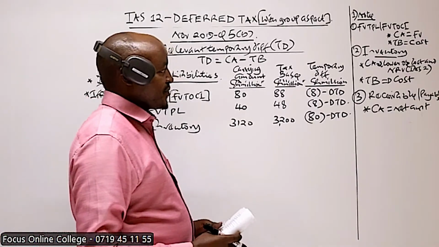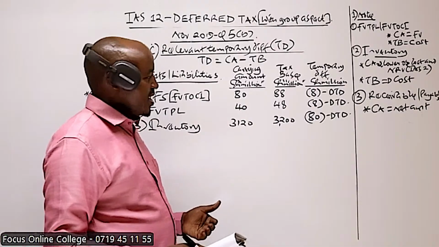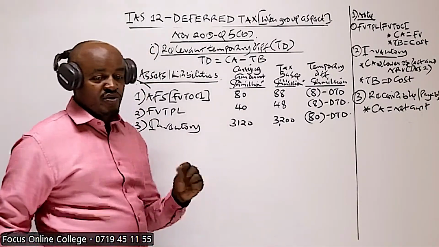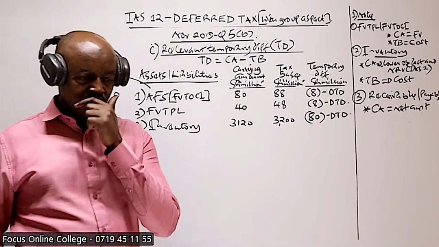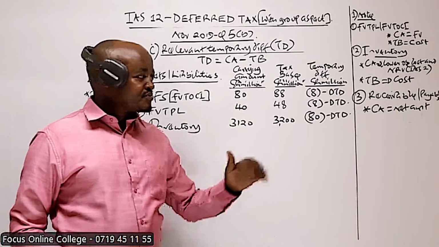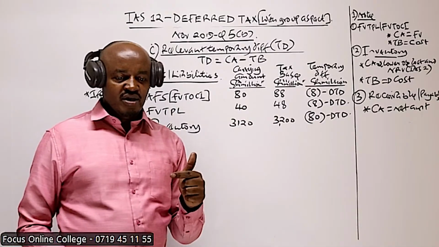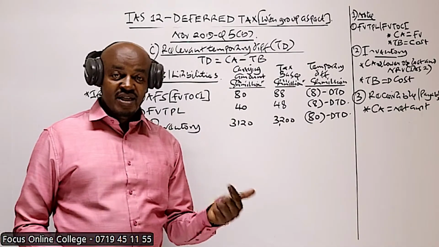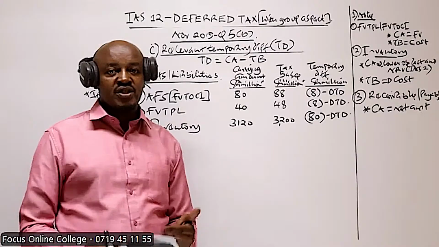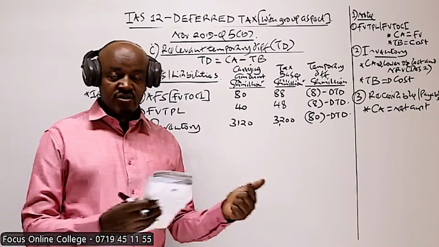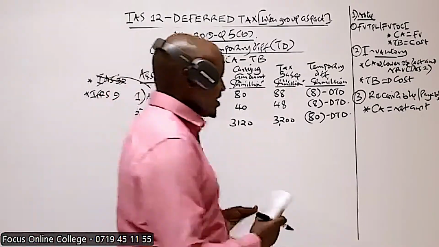So receivables and payables are recorded in the statement of financial position at the net amount. For example, for receivables, we have to eliminate something called the expected credit losses. Expected credit losses are basically the losses which are expected to be incurred in the future.